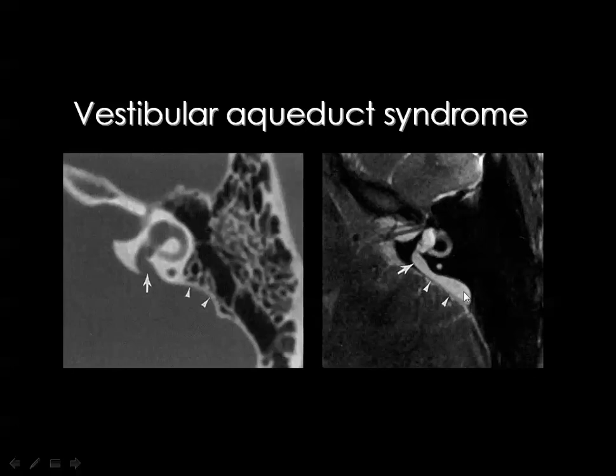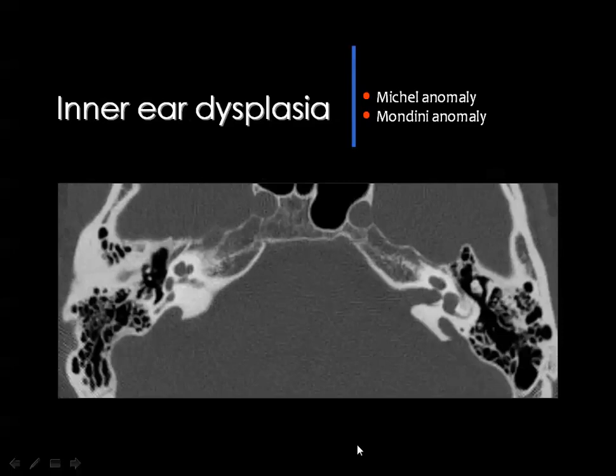And you can appreciate this structure as a high signal in the MRI T2 weighted image. And in bilateral vestibular aqueduct syndrome, you see marked widening of the vestibular aqueduct on the right side, and also marked widening of the vestibular aqueduct on the left side.